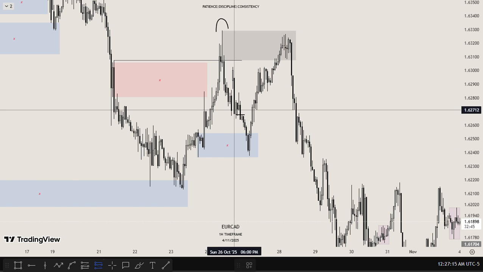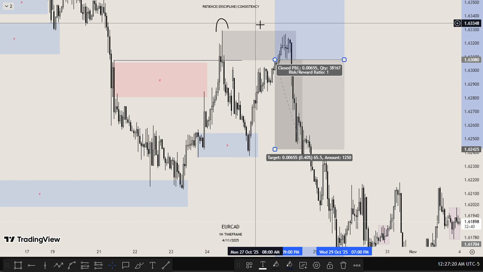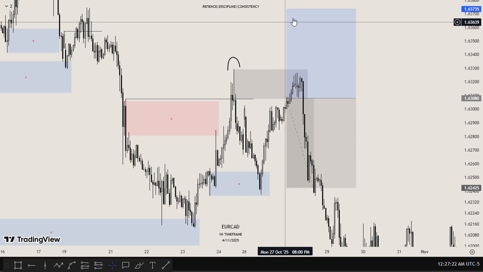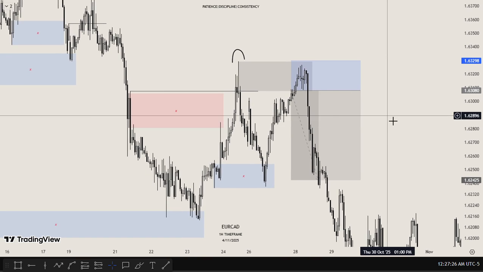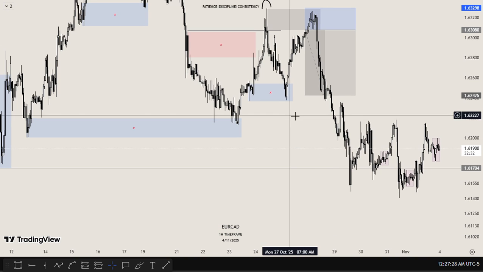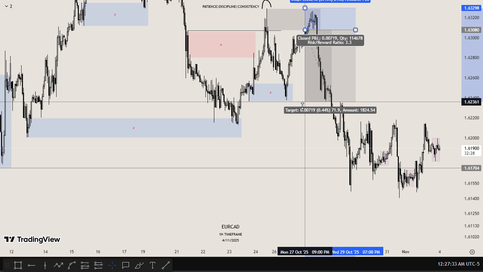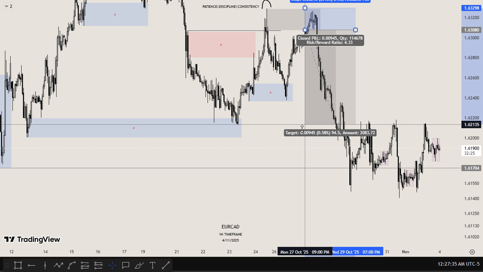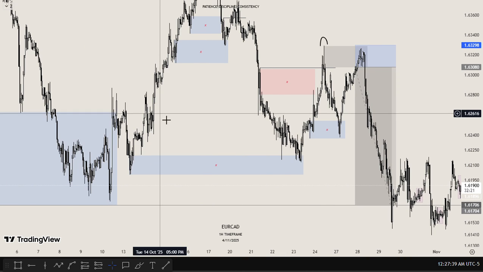And from here, from this liquidity block, is where you could involve yourself. This is the first target, where you can take partials at this low. This is also another target, and finally this is the last target down there.